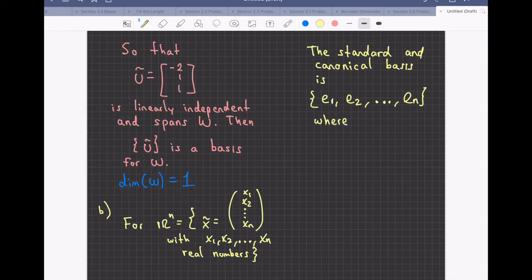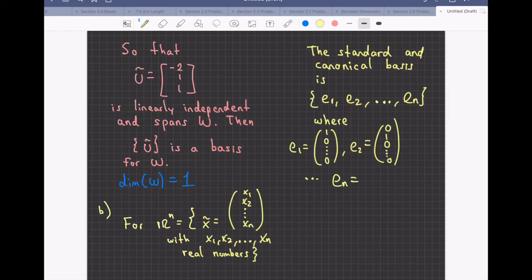where e1 is one vector with n elements, but the first entry, and this is indicated by the subscript, is 1, and all the other numbers 0. e2 is 0, the second element 1, and then 0 for the other elements, and so on. en is equal to 0, 0, and the last one is 1.